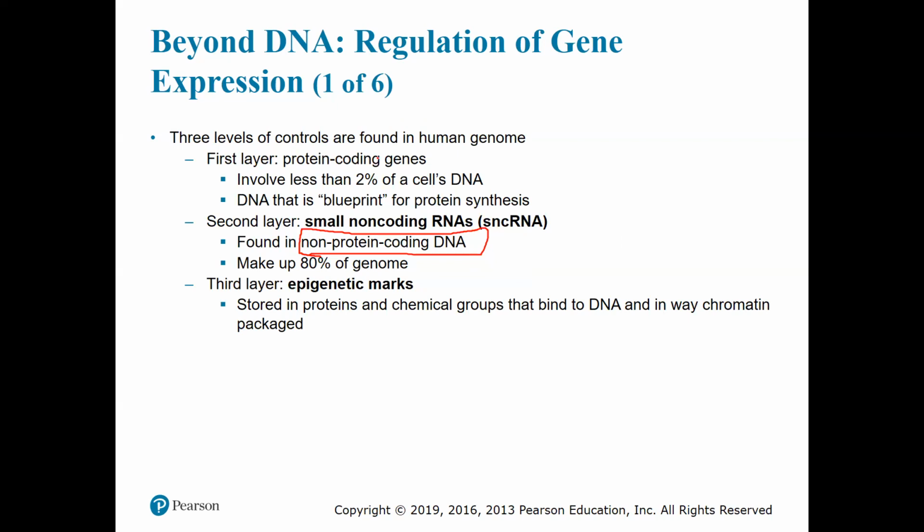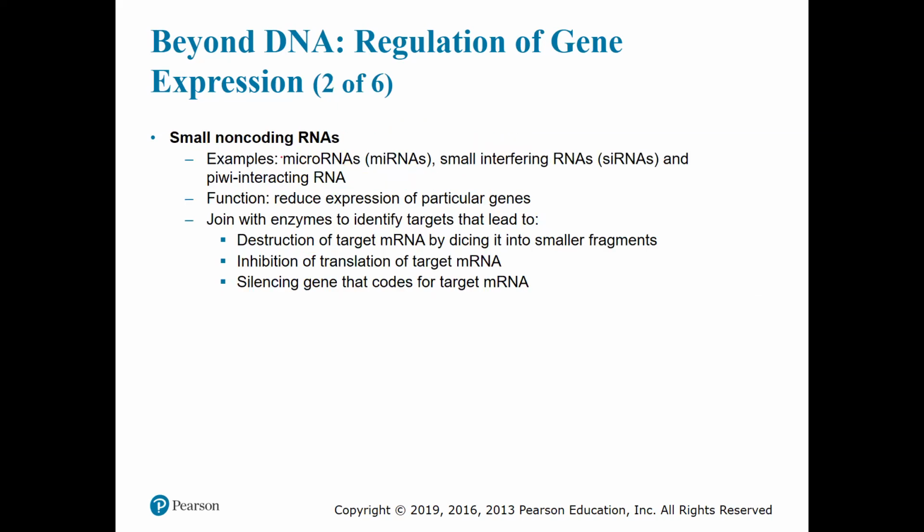So first, looking at our small non-coding RNAs. I kind of skipped the protein coding genes because that's what we've been talking about. And now we're talking about the small non-coding RNA regions. MicroRNAs are an example, or small interfering RNAs, PIWI-interacting RNA. There's a bunch of them. They all have their special RNA names. MicroRNA is probably the largest category or the most common abbreviation you'll see for small non-coding regions.